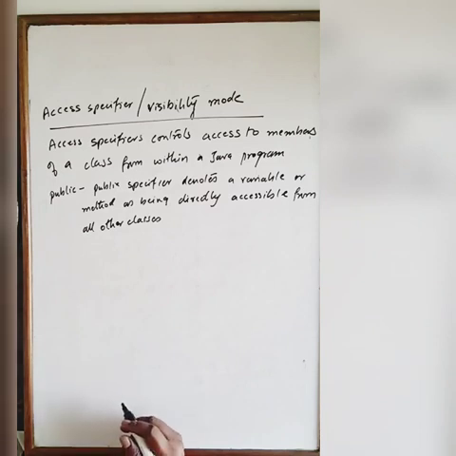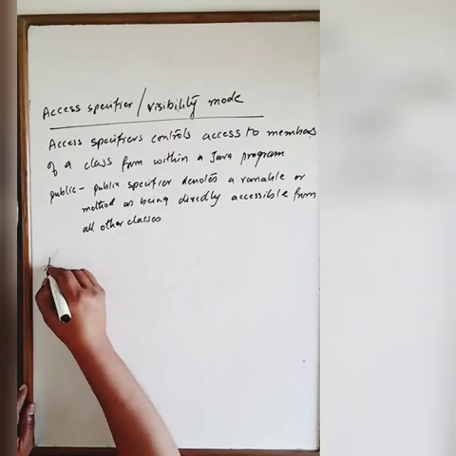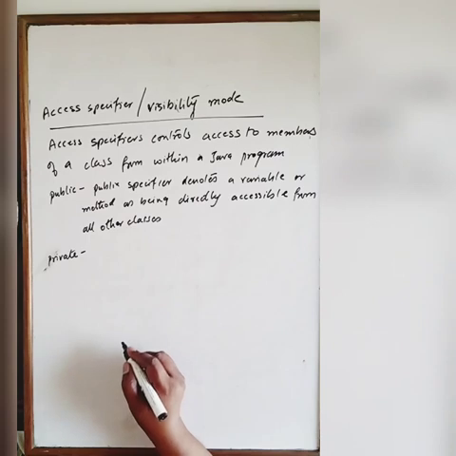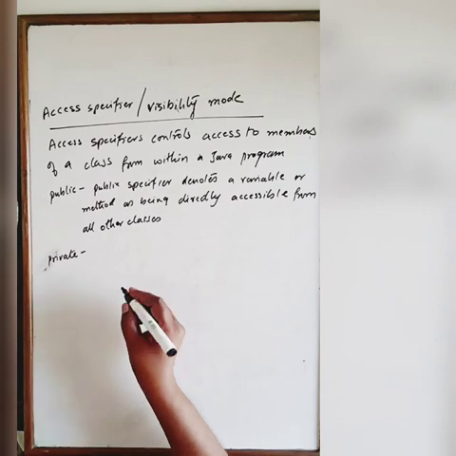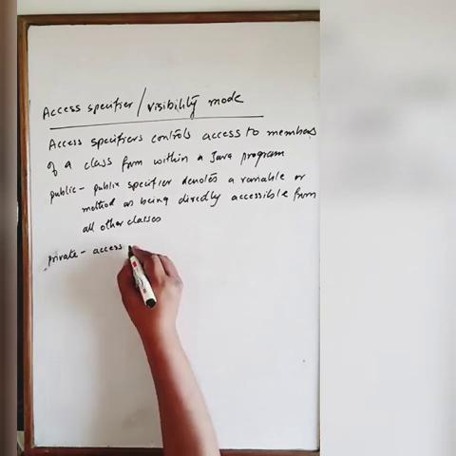Then we come to the private access specifier. What is private? These are accessible only in the class. So the private access specifier denotes a variable or method as private to the class and not used outside the class.